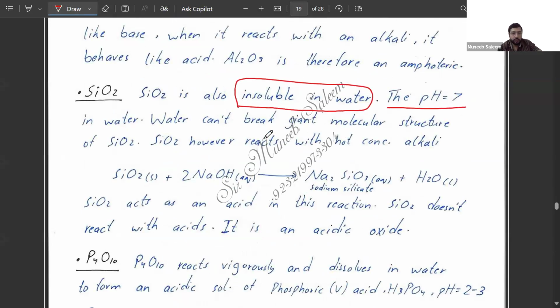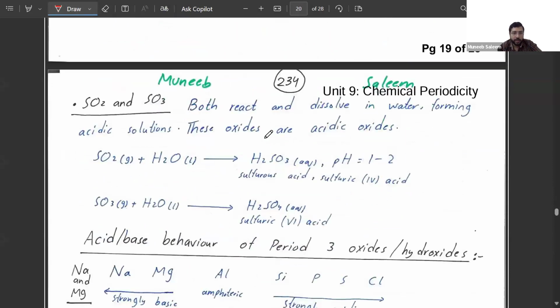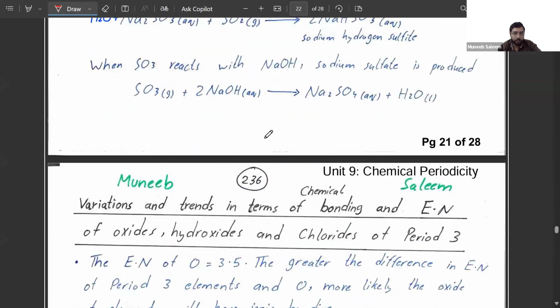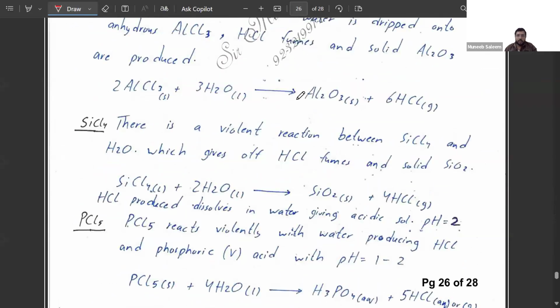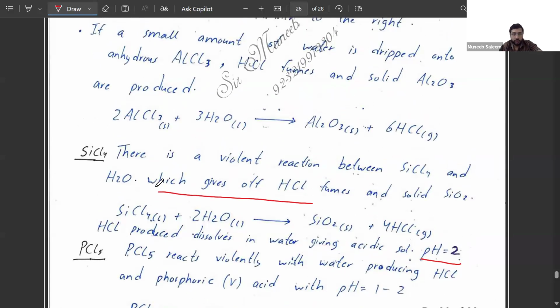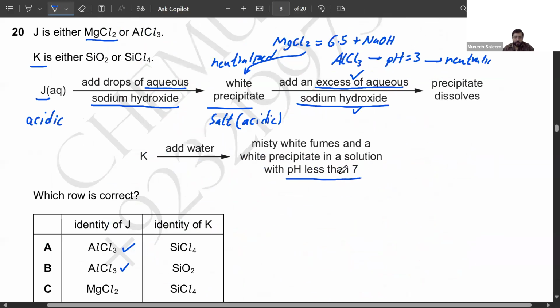So that's about SiO2. But if we look at SiCl4 dissolved in water, we can clearly see that it gives off HCl fumes and the solution pH is almost 2. So this is the compound which is going to be our answer, because the pH value should be less than 7 and should give a white misty film. That is because of the HCl.